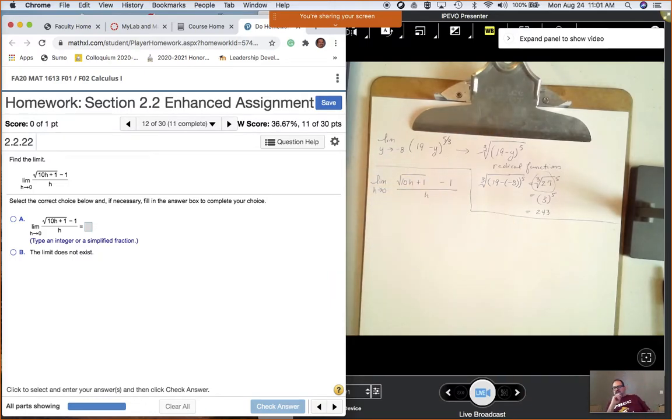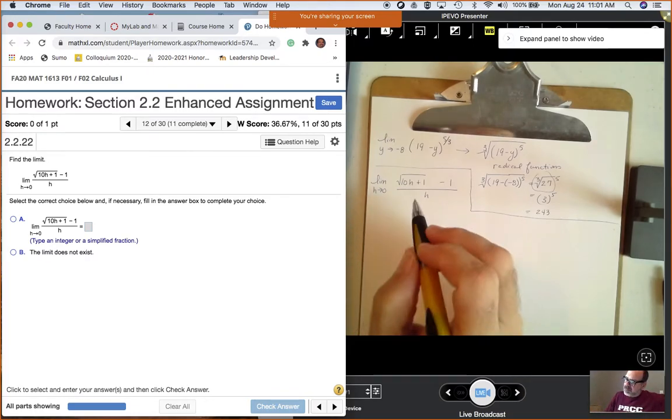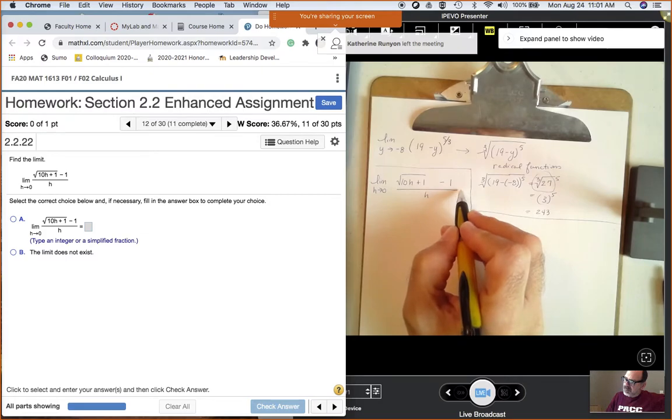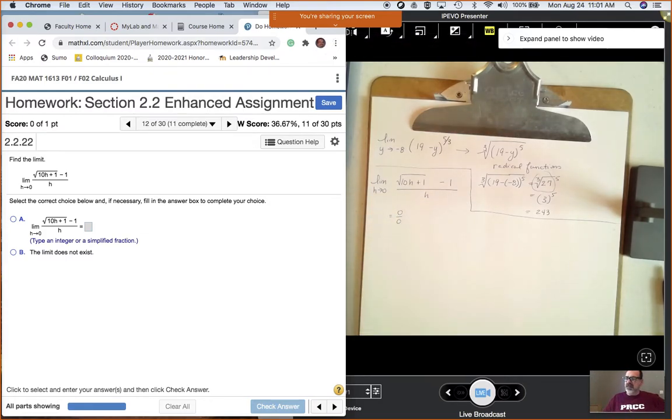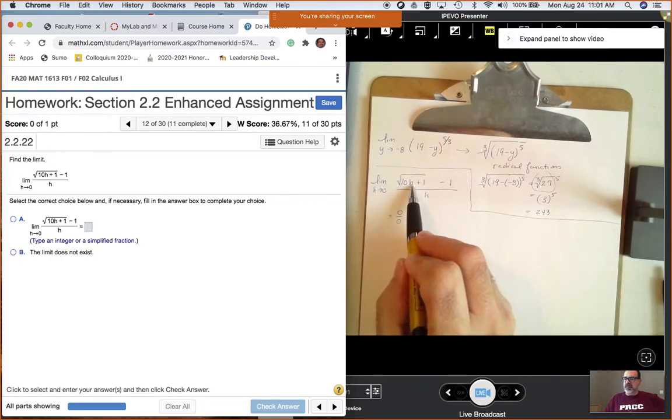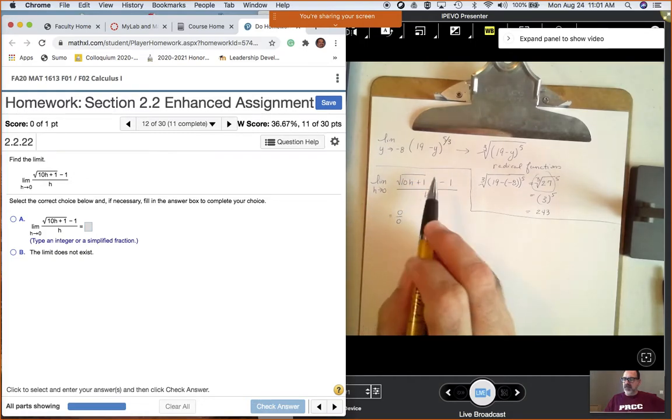Now if I plug in a 0, I'm going to get 0 over 0. Right, because 10 times 0 is 0, 0 plus 1 makes 1, square root of 1 is 1, 1 minus 1 is 0, and on the bottom, if I plug in a 0, I get a 0.